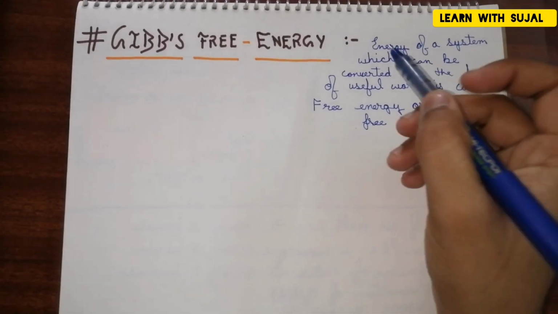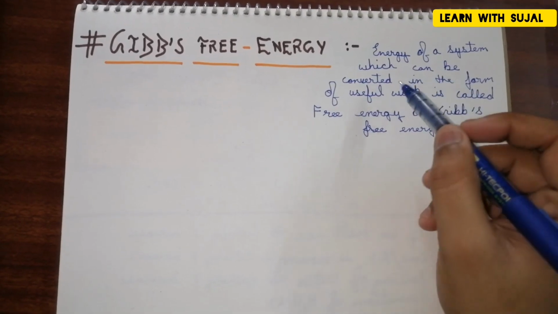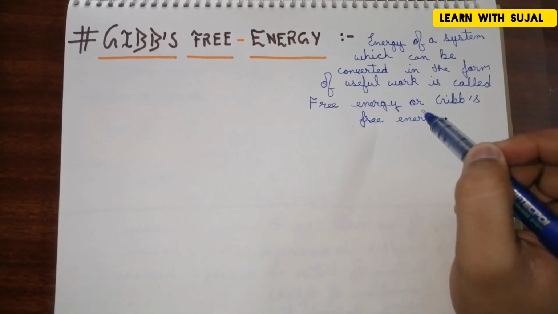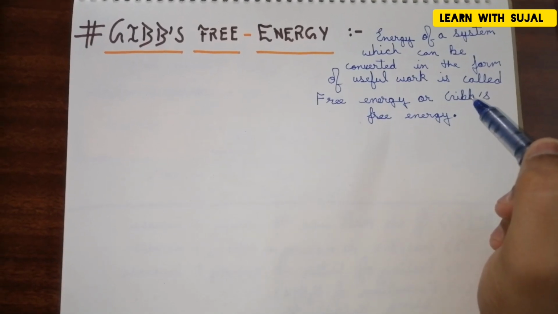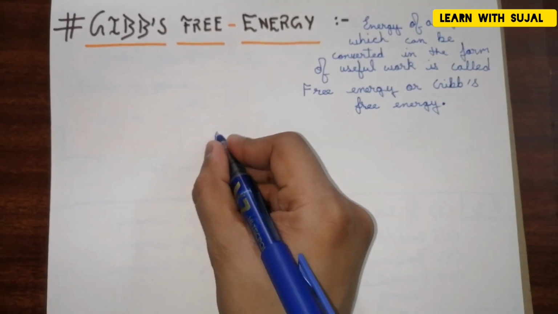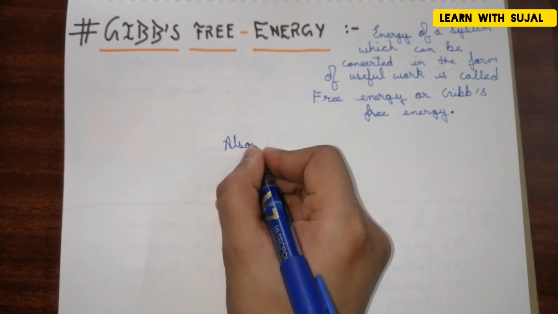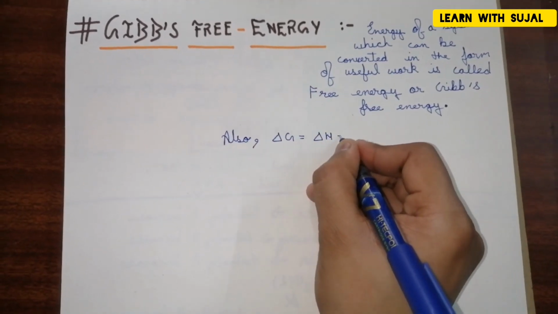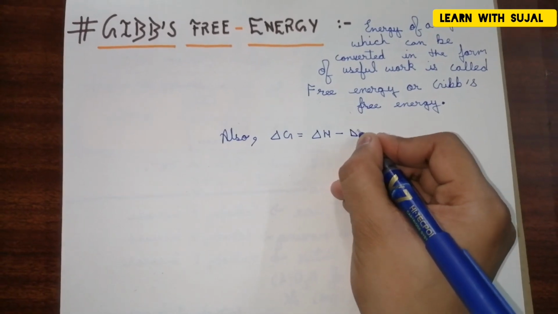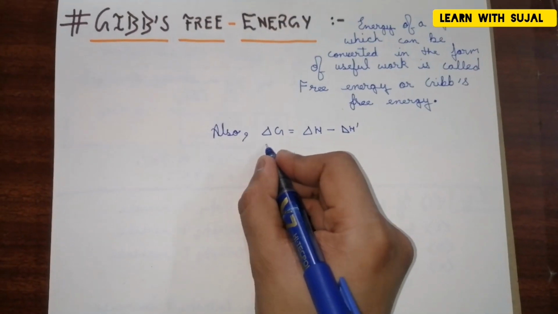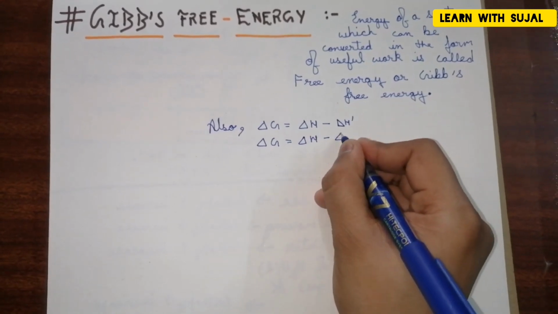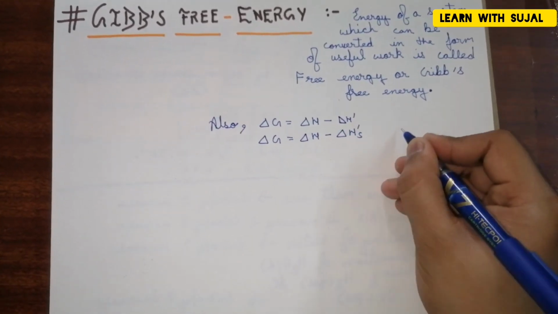Gibbs free energy. Gibbs free energy is the energy of a system which can be converted into useful work. Also, delta G is equal to delta H minus delta S dash.